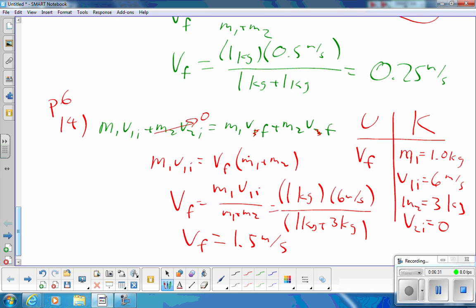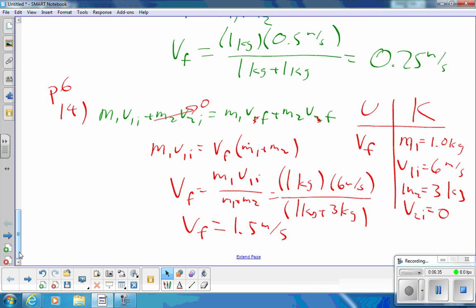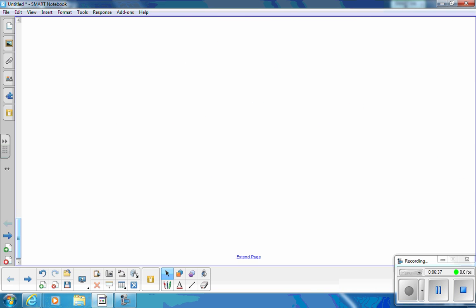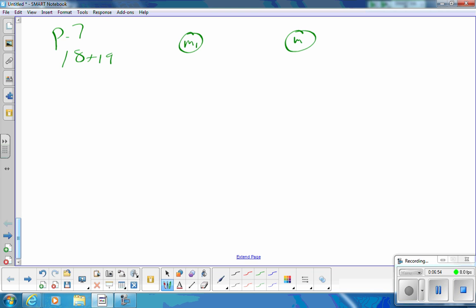Okay, finally on this video we have, give myself some room, on page 7, numbers 18 and 19, which are similar to each other. We're talking about a gravitational force between two objects. So here's M1, and here's M2, and they're a distance r apart from each other, measured center to center.